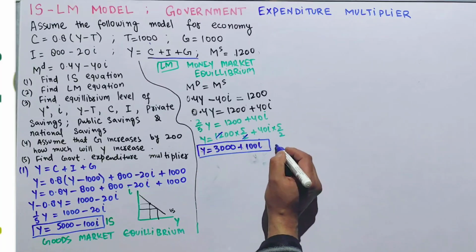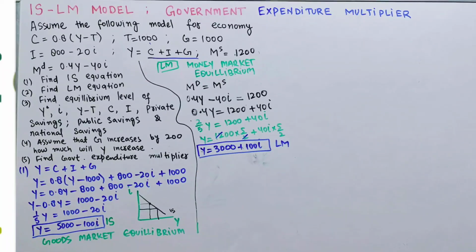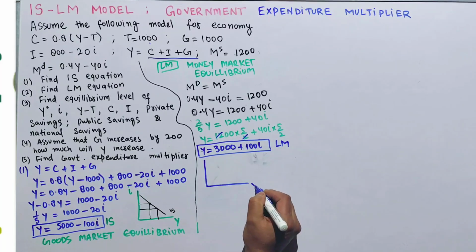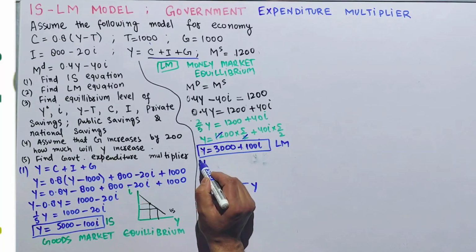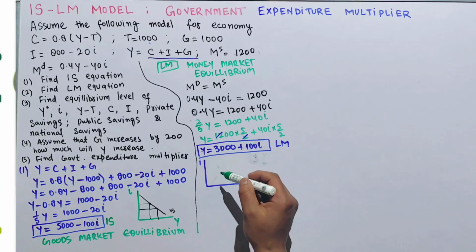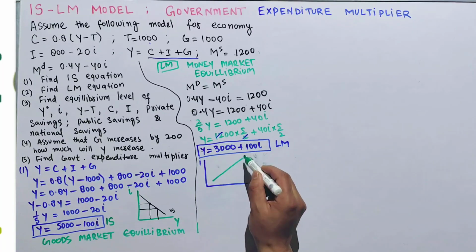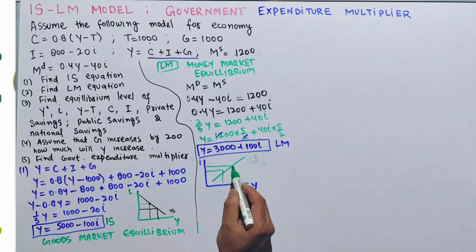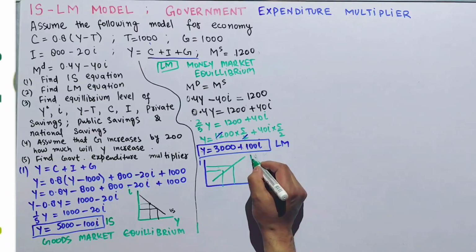And what exactly does this mean? On the graph, if we have level of income on the horizontal axis and rate of interest on the vertical axis, the LM equation shows us different combinations of level of income and rate of interest where the money market is in equilibrium.